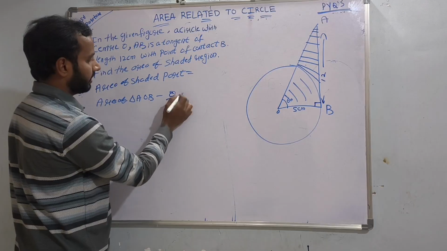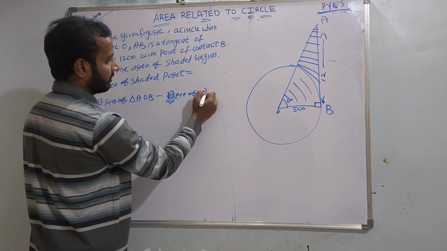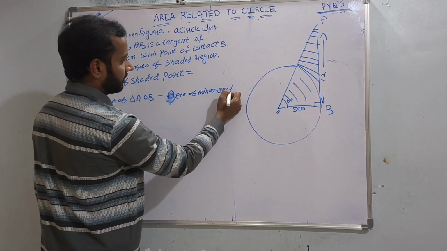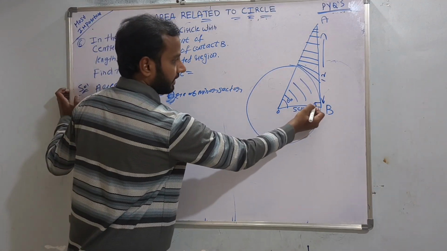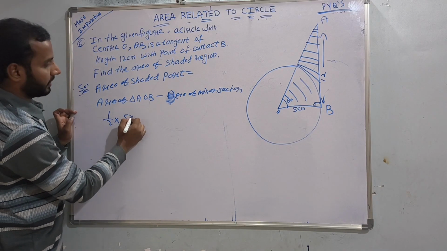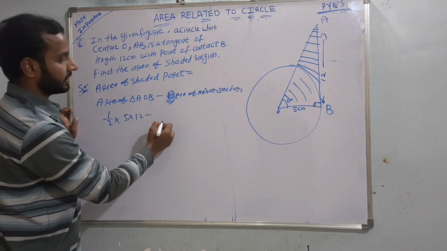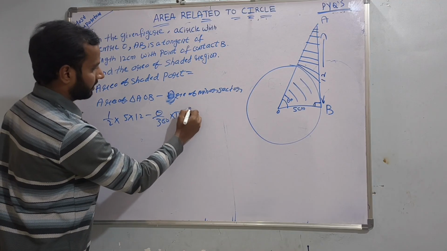That is theta by 360 into pi r square, the area of a minor sector. Now the area of triangle AOB, if it is a right angle triangle, is half into base into height. Half into base value they give 5, height is 12, minus area of minor sector, formula theta by 360 into pi r square.